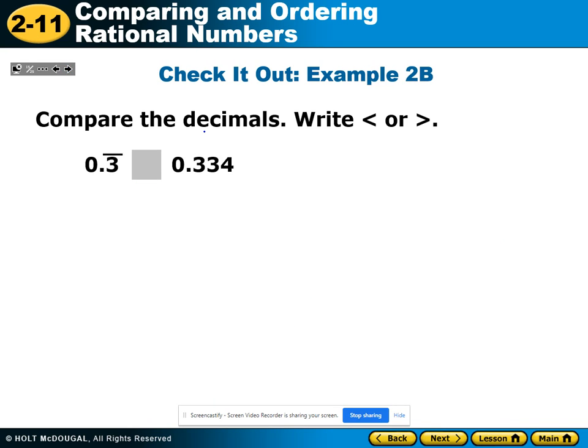Notice here's another repeating one. So we can't just fill in with zeros or anything else. We must fill in with 3s. So 0.333. Now, it makes no more sense to continue all the way out because we have the same number of place values.